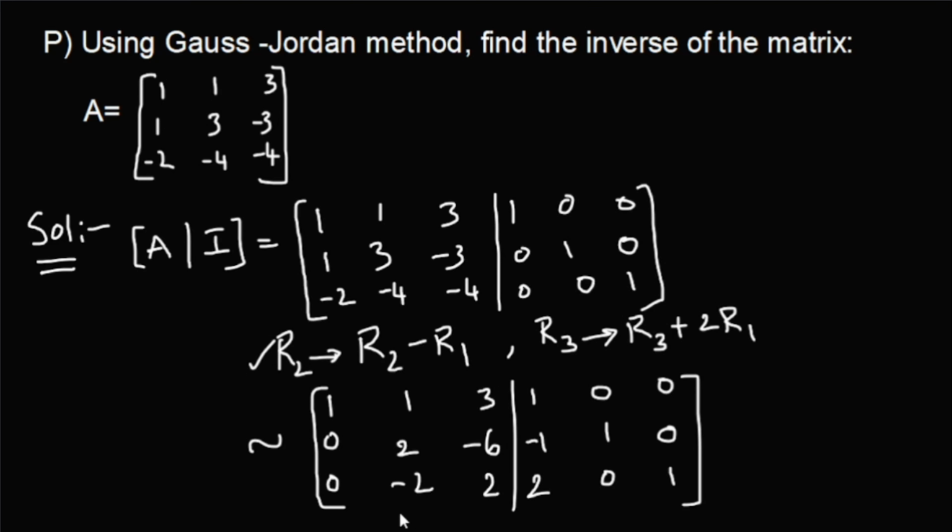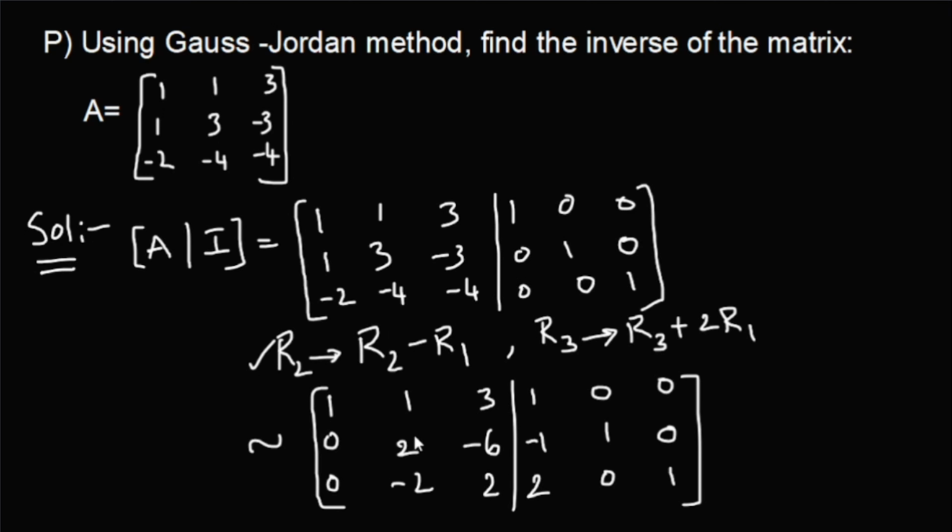Okay. So in the next step, what we have to do is, in this position and this position, we have to get 0 based on this value. That means R2. So we have to use R2 to modify R1 and R3.